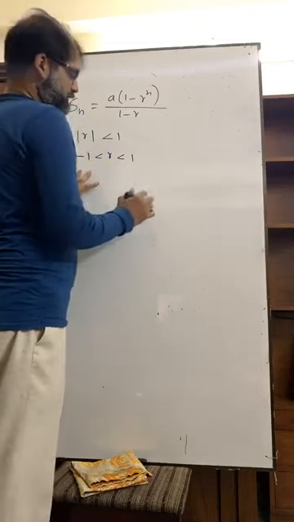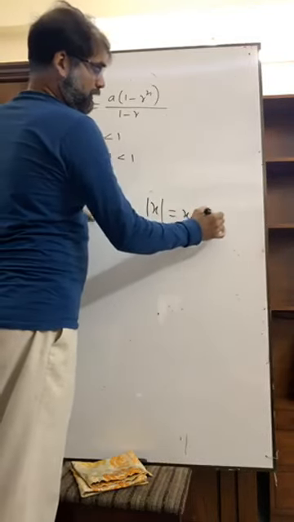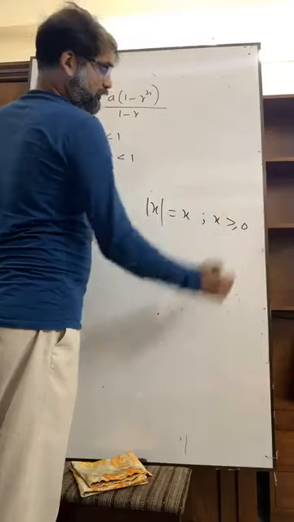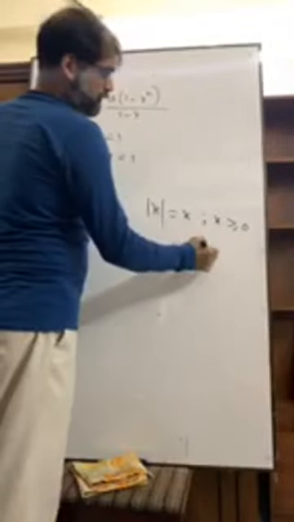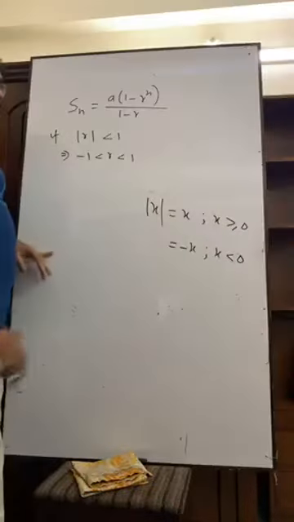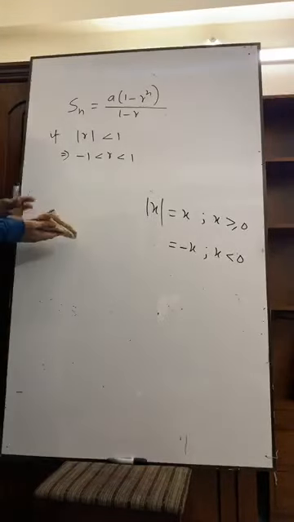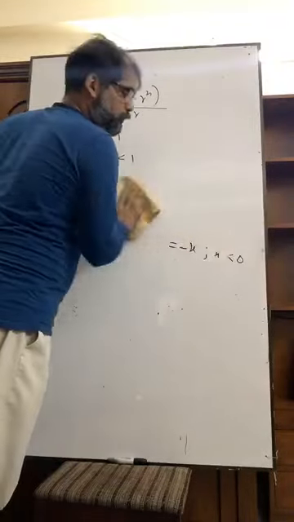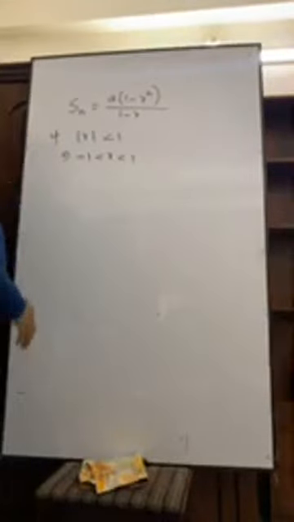Absolute value of x is equal to x when x is greater than or equal to 0, or minus x when x is less than 0. Anyway, for another day we will discuss the absolute value.